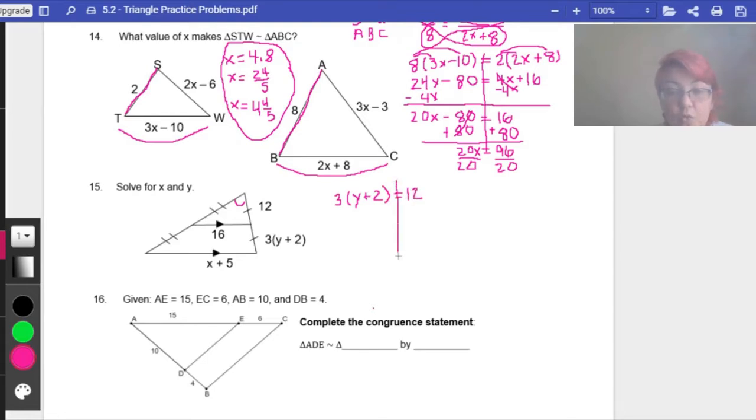Draw my river, and I'm going to distribute that 3. So 3 times y is 3y plus 3 times 2 is 6 equals 12. I'm going to subtract 6 from both sides using that subtraction property of equality.